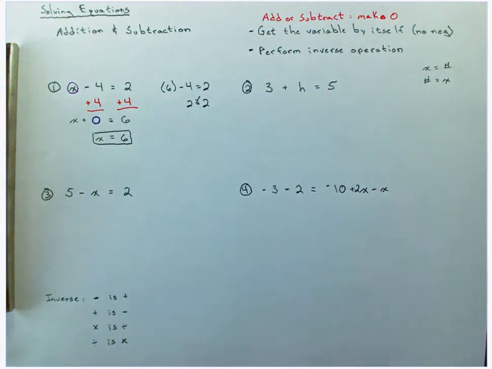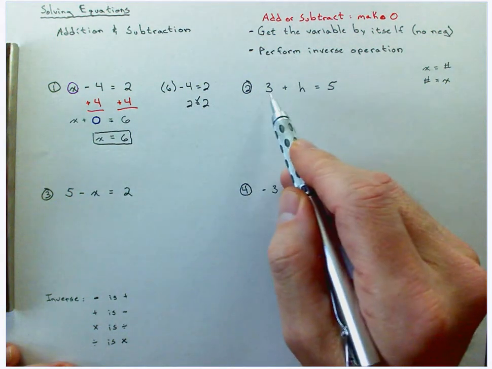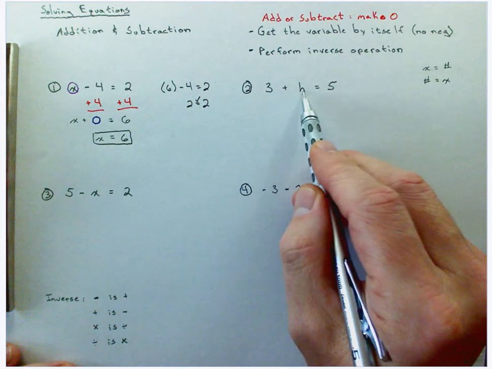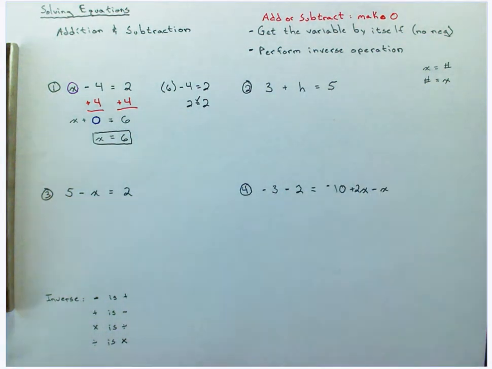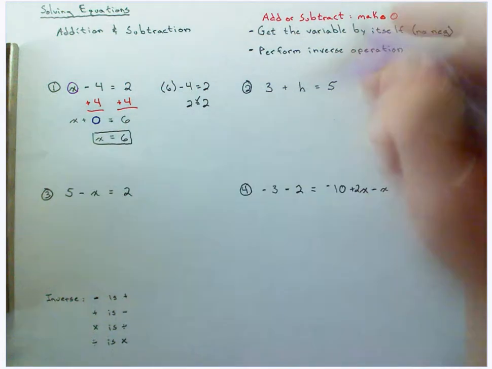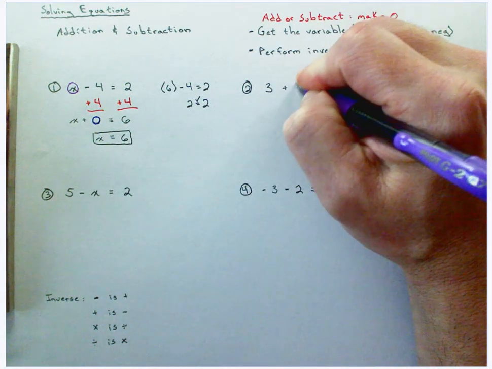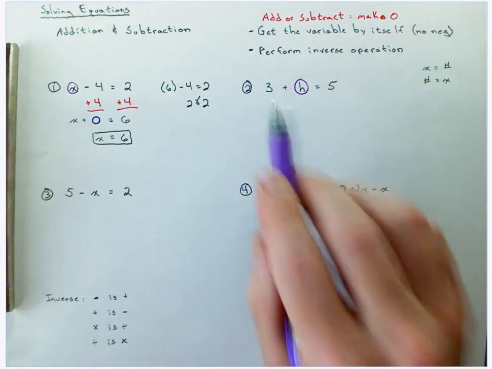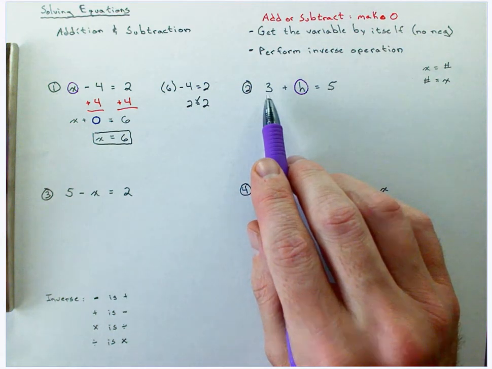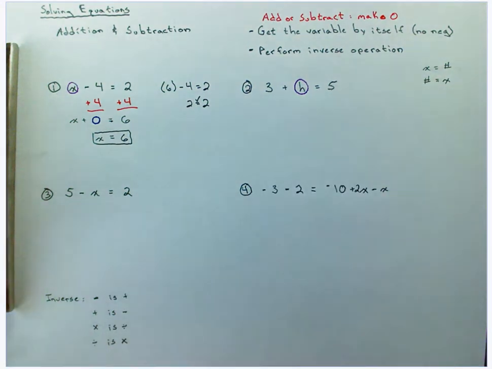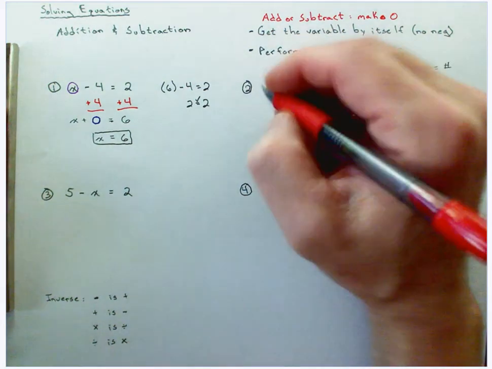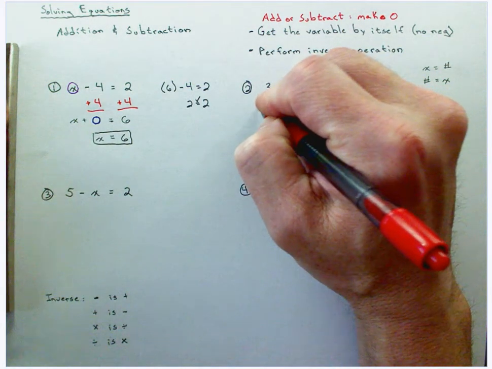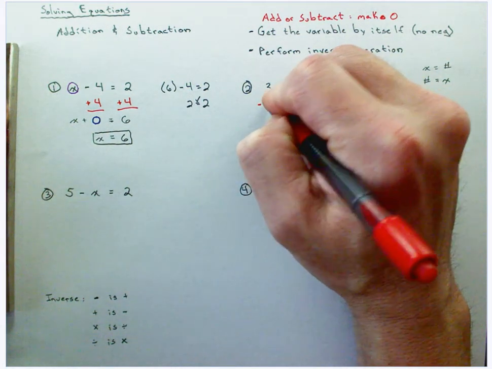Okay, so let's look at number 2. I have 3 plus h equals 5. Again, what I want to do is get my variable by itself. So what's with it right now? A 3. Is that 3 positive or negative? Positive. So what is the inverse operation? Subtraction. The opposite number of a 3 is a negative 3.